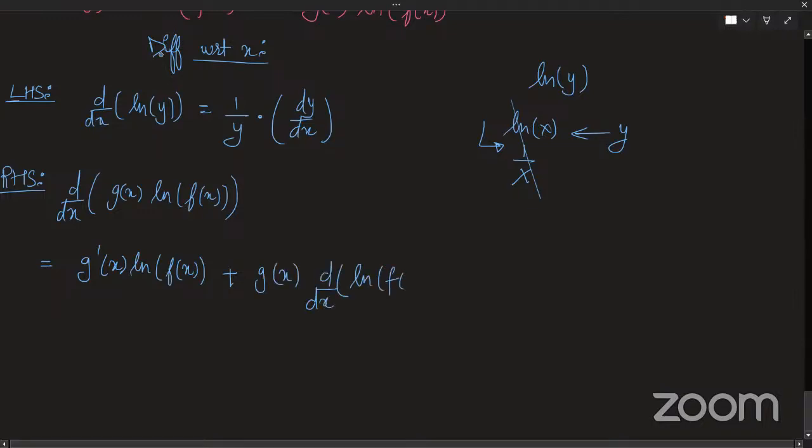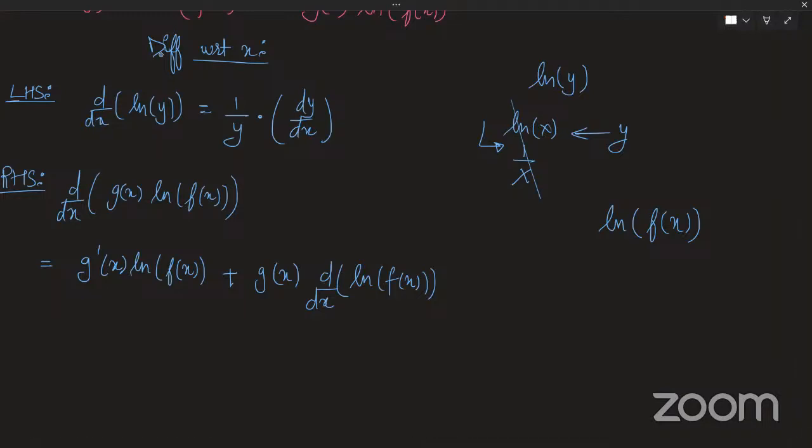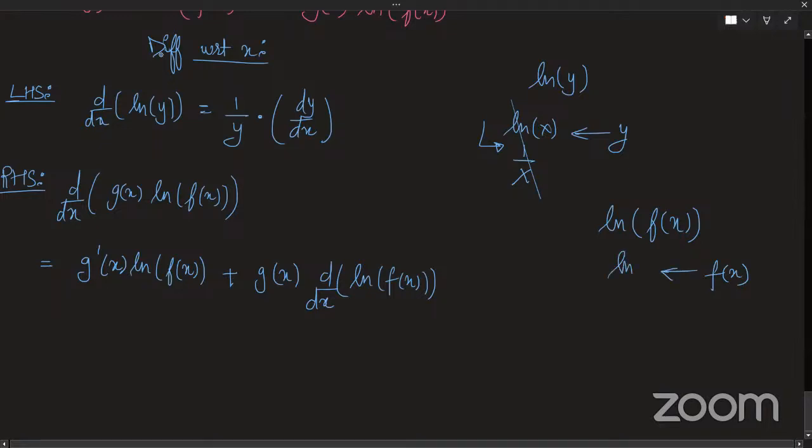So I have got ln of f of x, natural log of f of x. Can you tell me which function is inside which function? f of x is inserted in the natural log, ln x. Yeah, great. So I approach from the outermost side, I need ln x. I differentiate ln x, I get 1 by x.